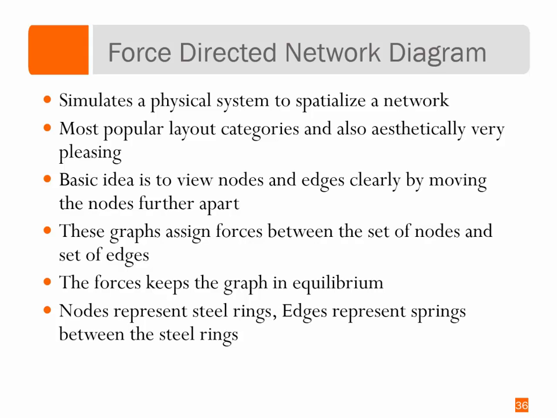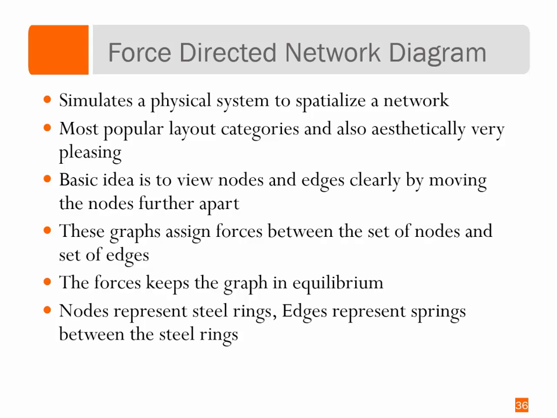So these graphs assign forces between the set of nodes and the set of edges. Forces keep the graph in equilibrium. We're going to talk about those forces one by one. And to give you an idea, imagine that each of the nodes is a steel ring, sort of a hoop, if you will. And then the edges represent springs that we've attached between the steel rings.